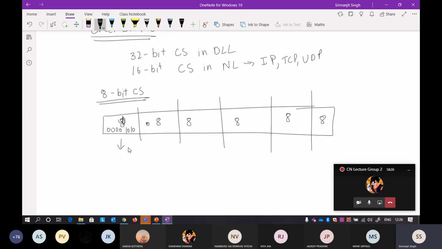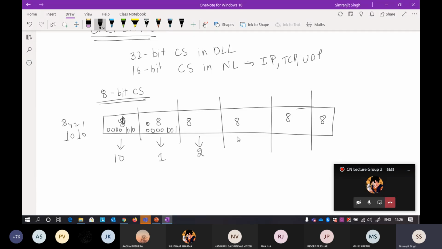Suppose this block in binary 1010 is 10 in decimal. 1 2 4 8, so 8 plus 2 is 10. Then another block is given as 1, in decimal it is 1. Another is given as 2.